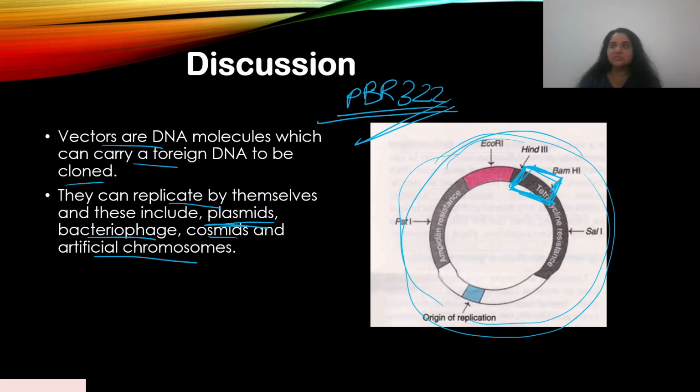Plasmids usually are found naturally in bacteria, so they are used as vectors, but in genetic engineering there are artificially created plasmids into which a gene of interest can be inserted and then cloned.